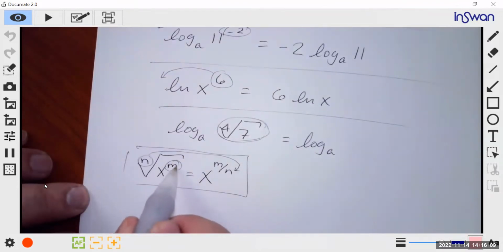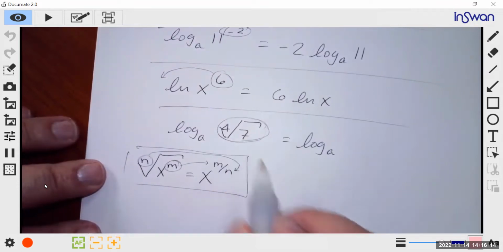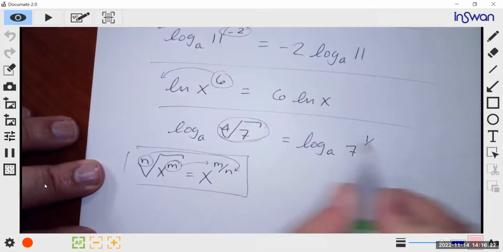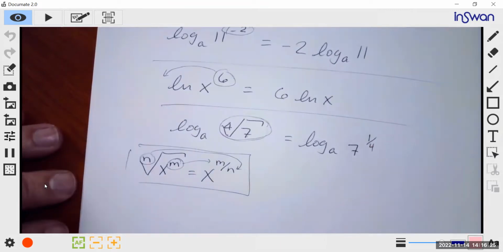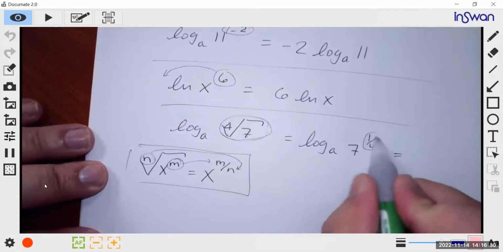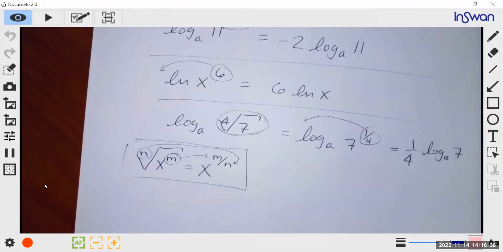Whatever you have inside there, the exponent, that's your numerator. So this number, what's this exponent of 7? 1 over 4. So that we got rid of that. Now, since we have an exponent, that goes out in front. There you go. It's these kinds of small rules that we have to pick up on and follow along. There's only 3 of them, yes, but there's a lot of combinations of them.